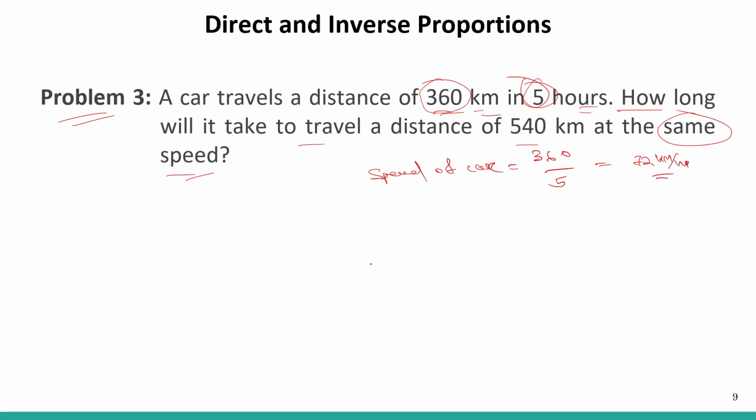Okay, so how much time will it take? Speed is equal to distance by time. We have the speed, that is 72, and we have the distance, that is 540. We don't know the time, right? That is what we want to calculate here. So time is equal to 540 by 72.